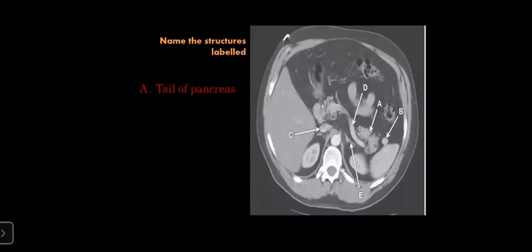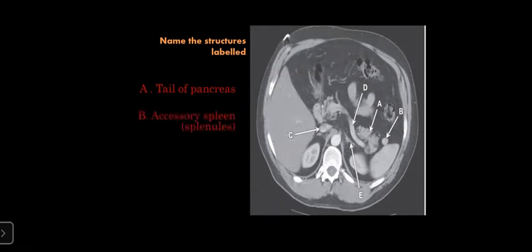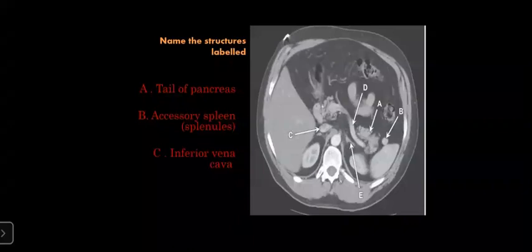B: this is an accessory spleen, splenule. C: inferior vena cava. D: splenic vein. And the last one: left adrenal gland. That's it.